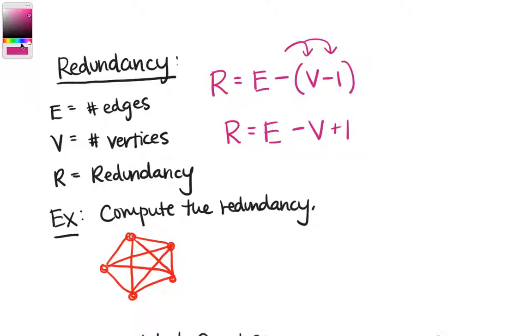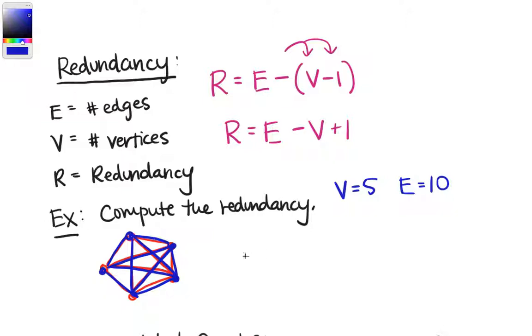And let's go ahead and compute the redundancy in this graph below. It's a K5, incidentally. It's a complete graph on 5 vertices. So let's first count: number of vertices is 1, 2, 3, 4, 5. Number of edges, well, let's count them. So we've got 1, 2, 3, 4, 5, 6, 7, 8, 9, 10.